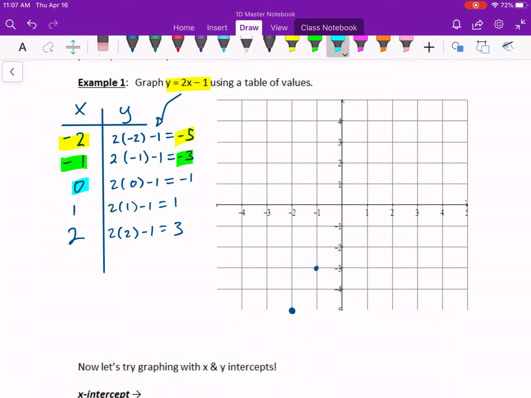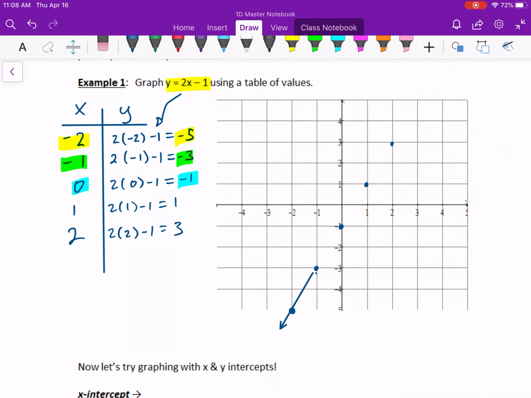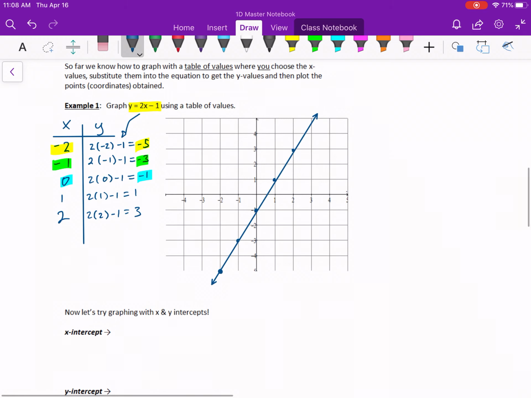And then 0, -1, and so on. Guess what? These all form a line, so it's pretty easy to graph them. Let's draw my line through there. So that's one way that we already should know about graphing a line if all you've got is an equation.